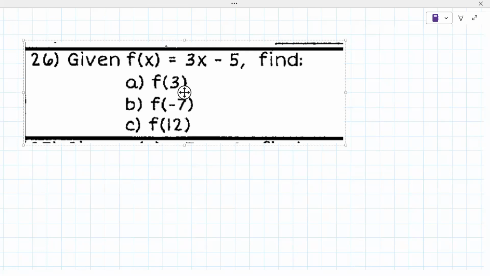Okay, yes, that is correct. How about B? Why don't you try B? Negative 26. Oh, good, good, good. Okay, so I believe you understand that.